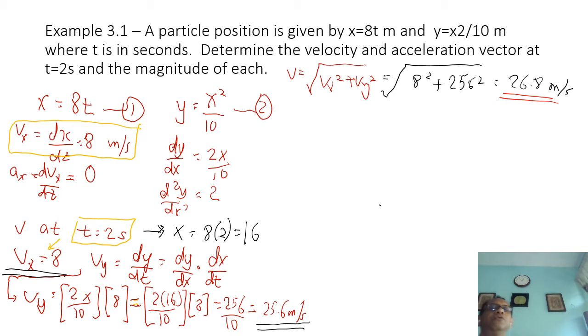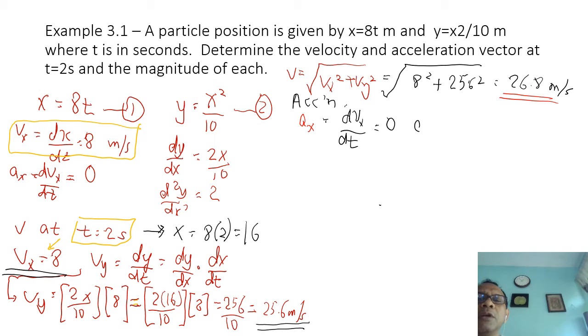Now we want to find the acceleration at that particular time. So the acceleration ax equals dvx over dt, and that is already 0, we know that.